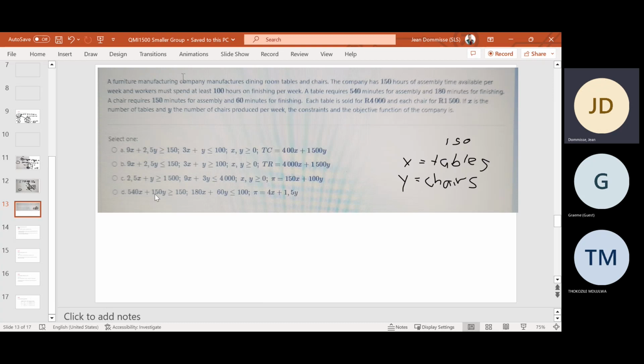So it's a normal equation that you need to work with, but you also need to know whether you're working with total cost or total revenue. This is very much in line with the other subject, DSC 1520.